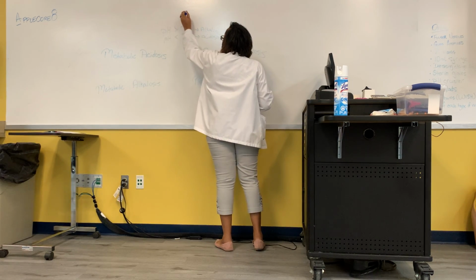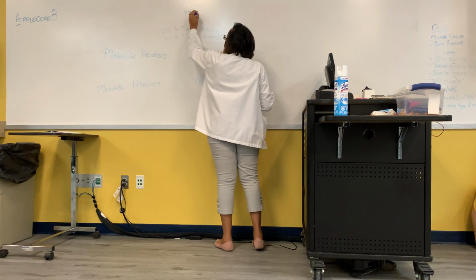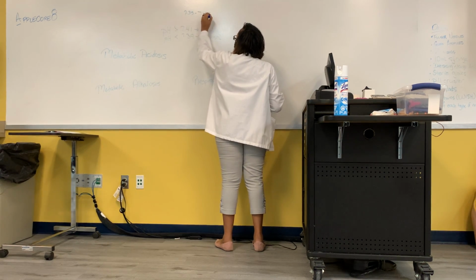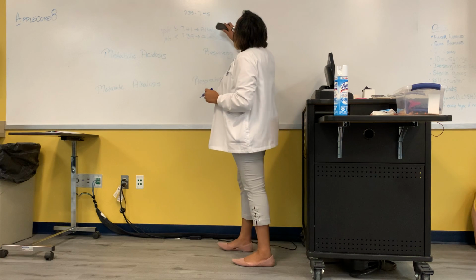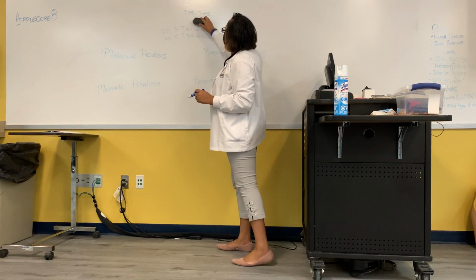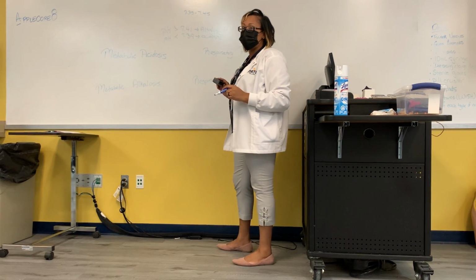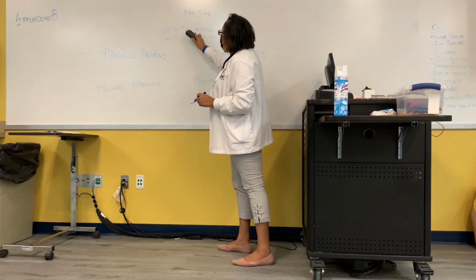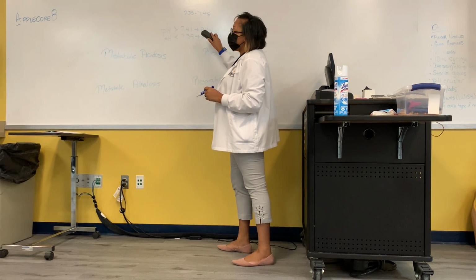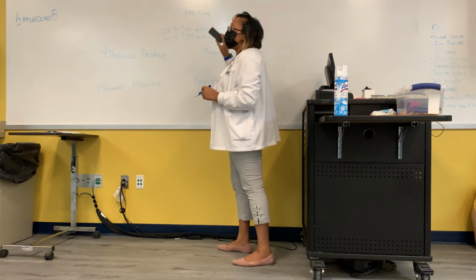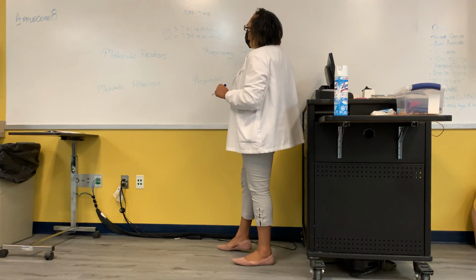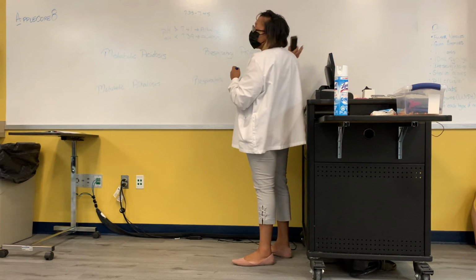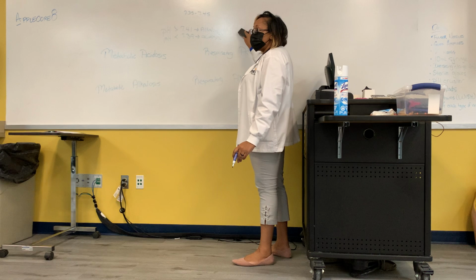Our range is 7.35 to 7.45. If your pH is in here, you've got compensation. If it's 7.41, 7.42, 7.43, 7.44, 7.45, 7.46, all the way up, it's going to be alkalosis.